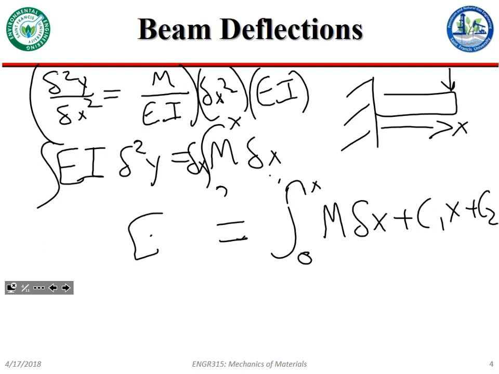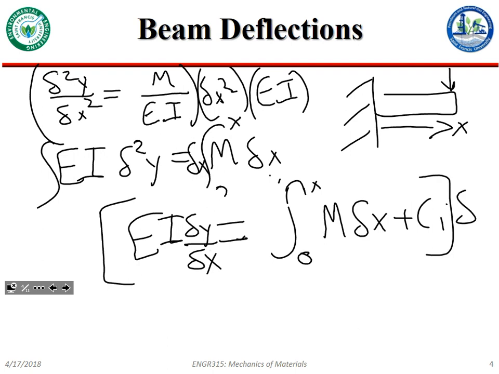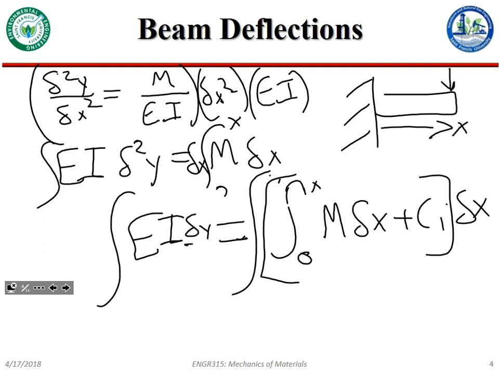So I had EI dy dx, right? And like that. So if I take this, multiply by dx, right? That moves back over to the right hand side. Sweet. And integrate.